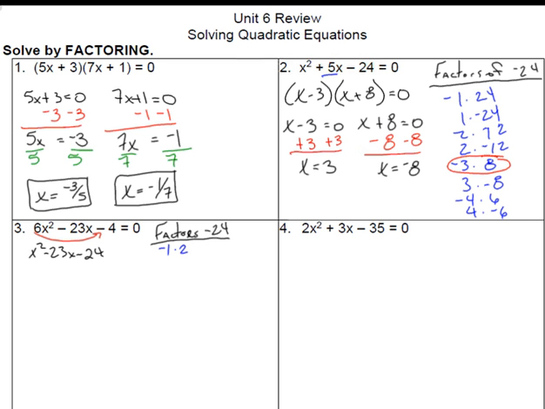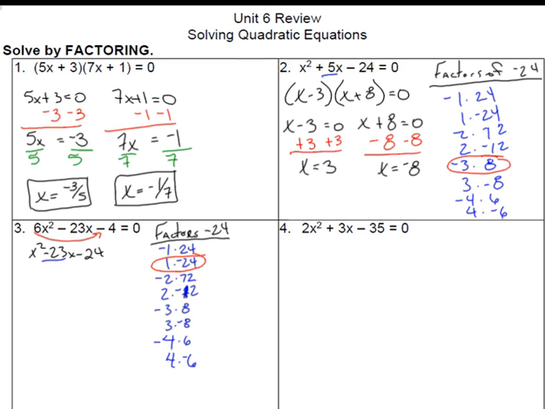Negative 1 times 24, 1 times negative 24, negative 2 times 12, 2 times negative 12, negative 3 times 8, 3 times negative 8, negative 4 times 6, and 4 times negative 6. This time I need them to add to a negative 23.